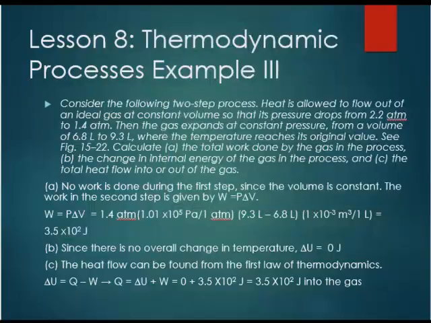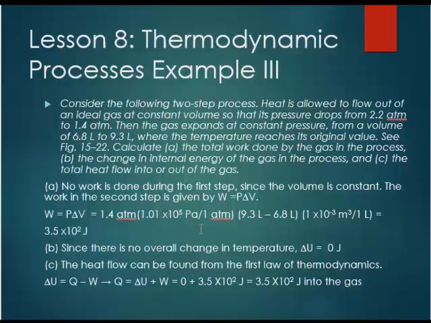354. Okay, since there's no overall change in temperature, because it says in the explanation that it comes back to its original value, there's no change in internal energy, so the change in internal energy here is 0. Now, lastly, we apply the first law of thermodynamics.